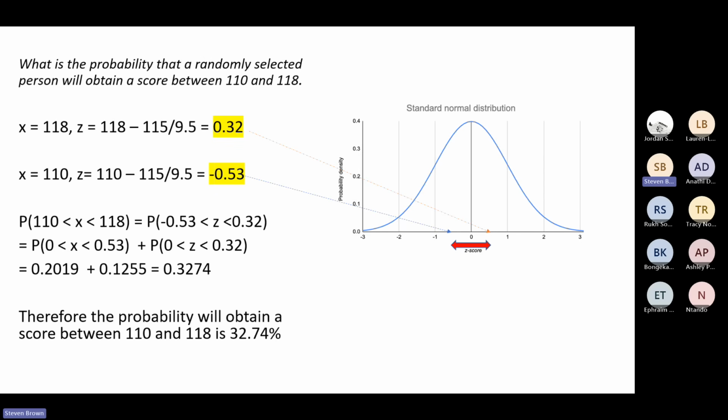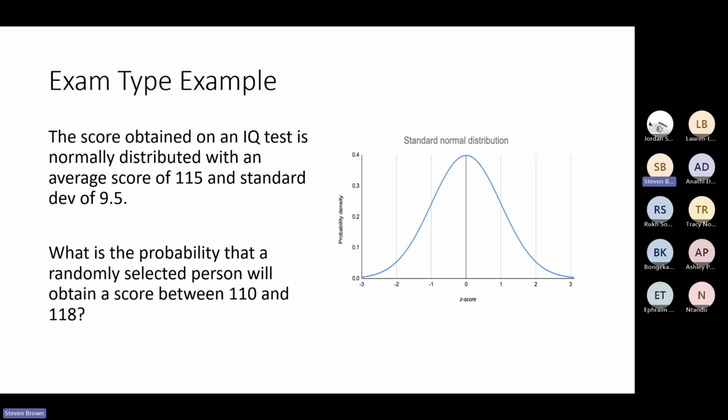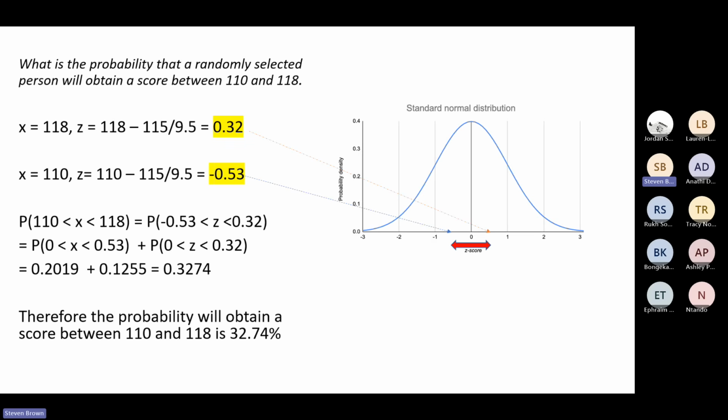Now we've got a question with both of those numbers being on one side. Whereas in this question here, there was one on one side of the mean and one on the other side of the mean. In this question that I've just asked you hypothetically, what's the probability between 116 and 118? They are both on the same side of the mean. Okay, let's put it like that.